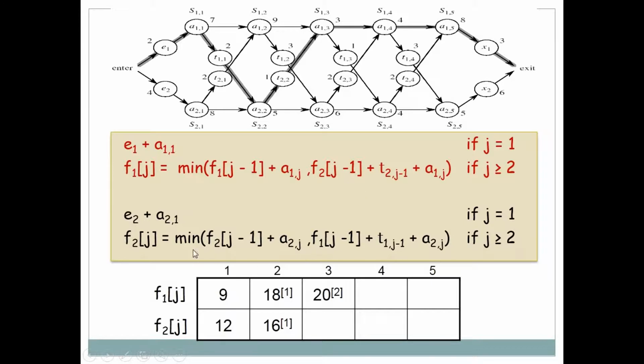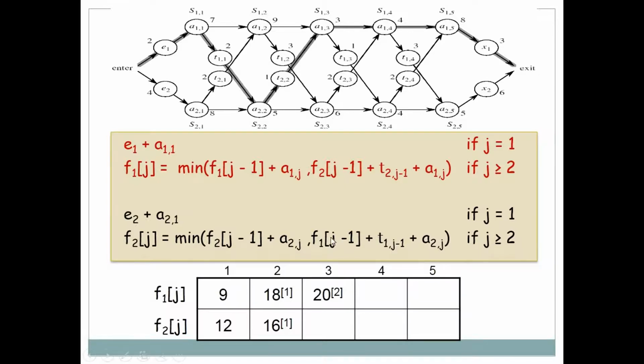Okay, so now let's find for our station S23. For that, minimum f2 j minus 1 means 16 plus a2j, 16 plus 6, it is 22.